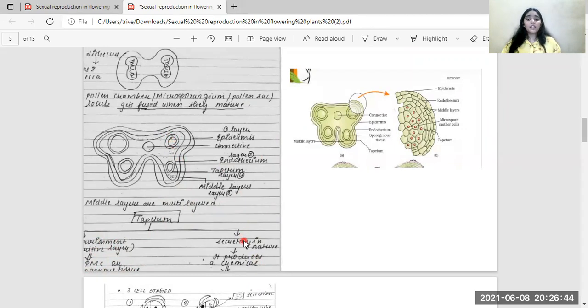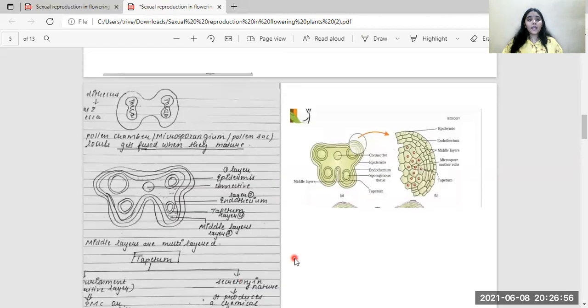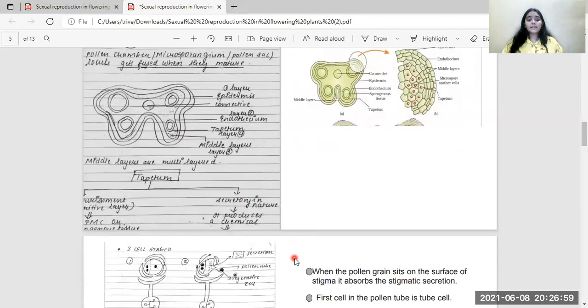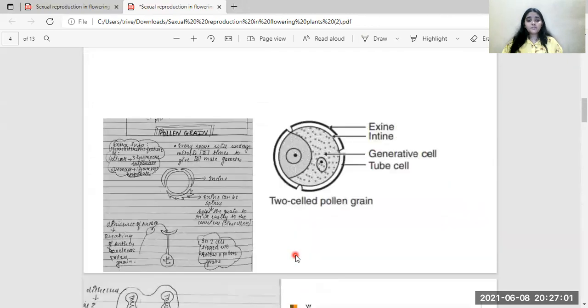The tapetum is secretory in nature. It produces a chemical named sporopollenin, which is used to form exine. We'll take a further look at exine and study exactly what it is.